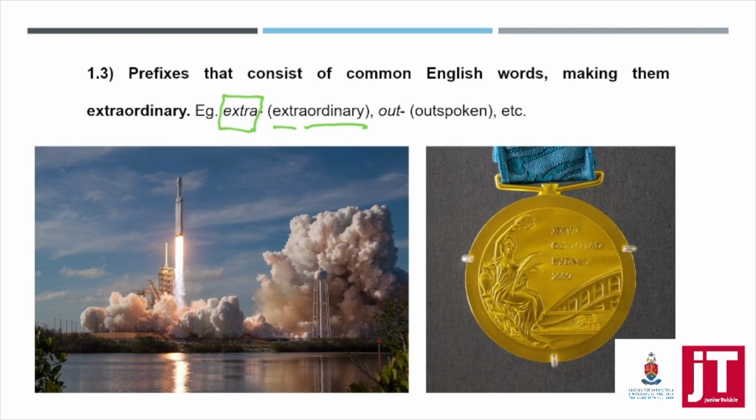Then we have the word out. Okay, so we have a normal word, not normal, but you know what I mean. Ordinary words such as spoken. Okay, not a lot of detail. Then you add outspoken, and suddenly they speak a lot. Okay, outspoken means that they are confident and they can outspeak you, essentially.